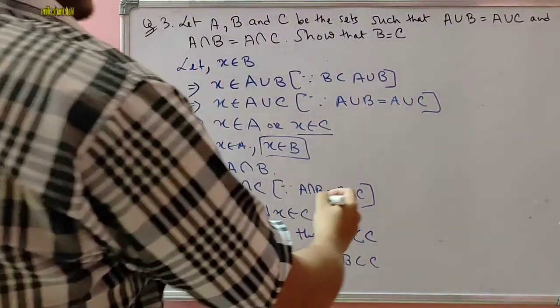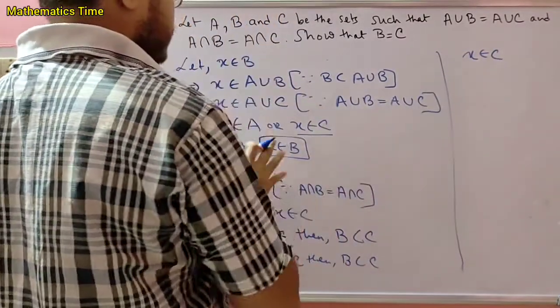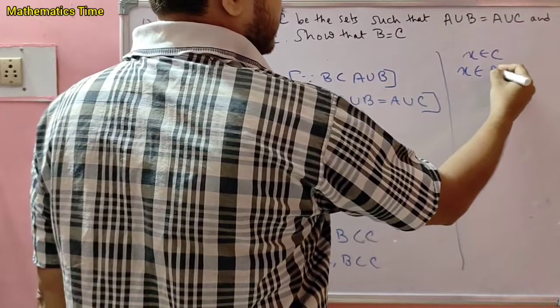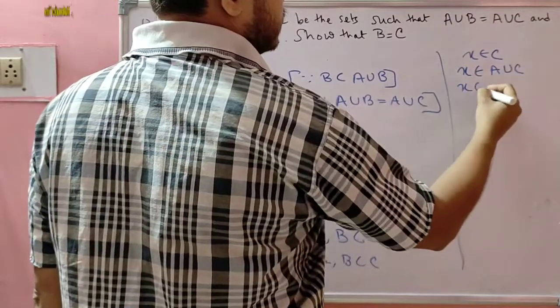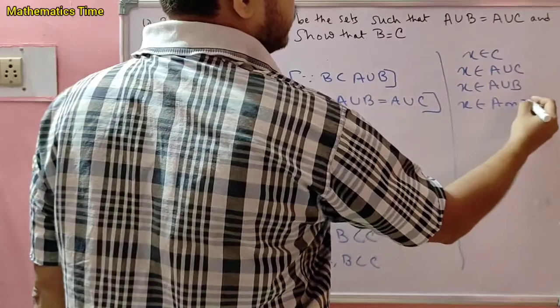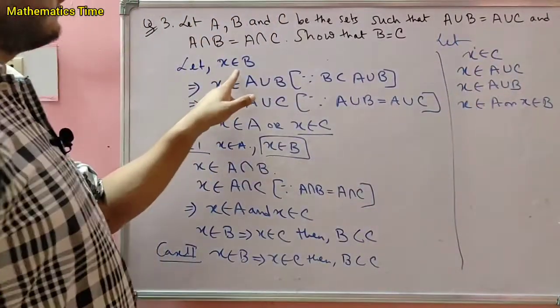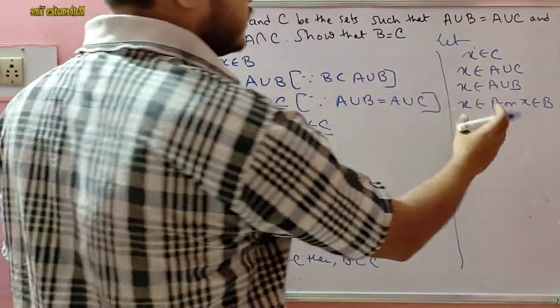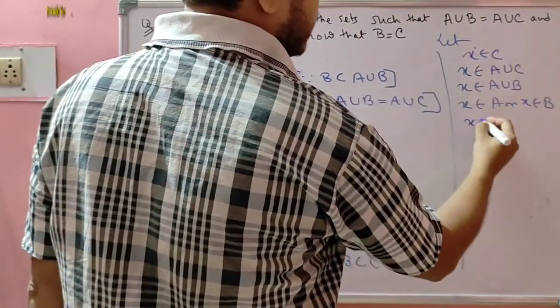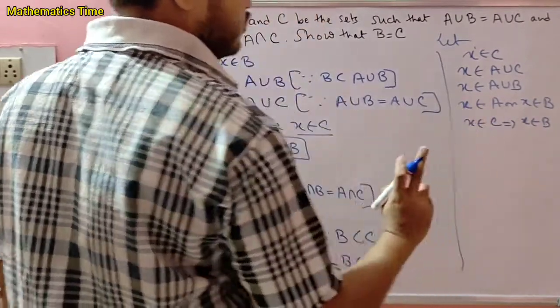Similarly, if we consider X belongs to C and do the same procedure, X belongs to A union C, that is X belongs to A union B, so X belongs to A or X belongs to B. If we start from that point of view, instead of going from X belongs to B, we will get the same result, that is X belongs to C implies X belongs to B from case 1 and case 2 both.